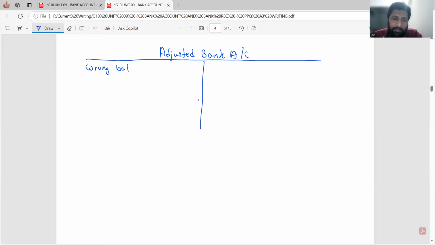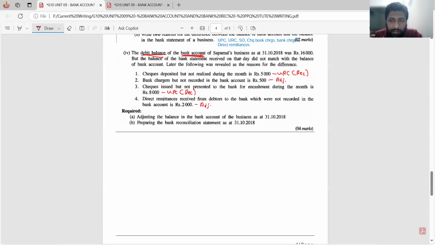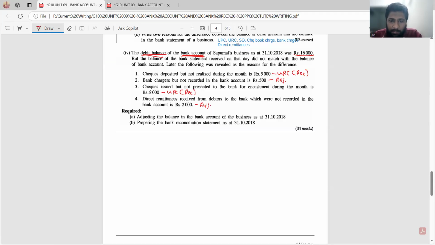Opening balance: how much is that? 16,000. Then here we have the second one and the fourth one. We'll go to the adjusted bank account.